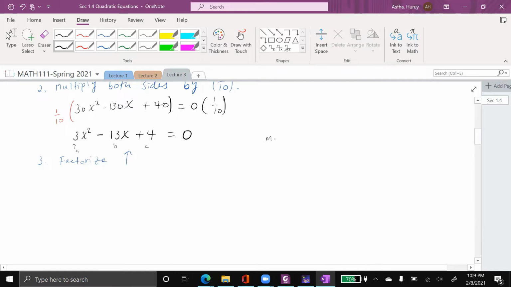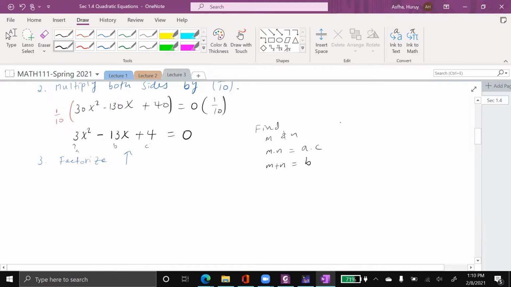Let's call them M and N. The criteria that these two numbers must fulfill is that M times N has to be the product of A times C, where these are our A and C. And M plus N has to be B, the middle number.